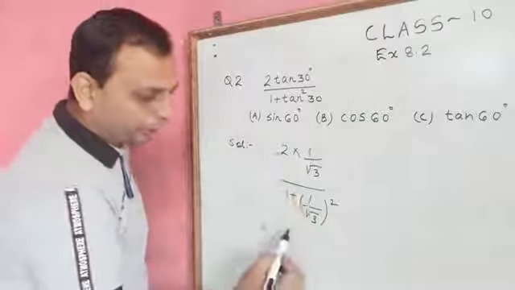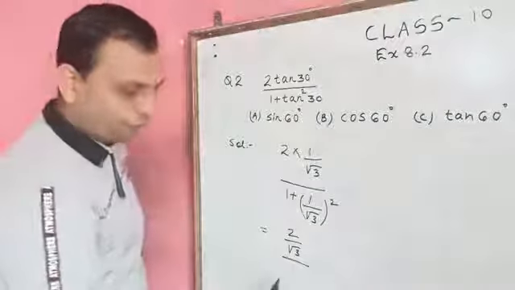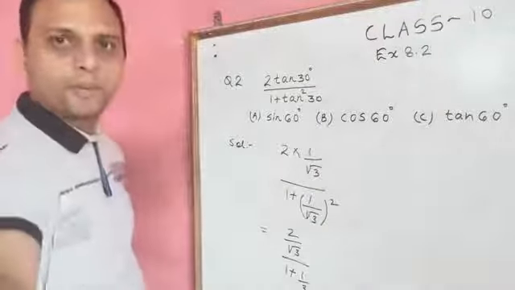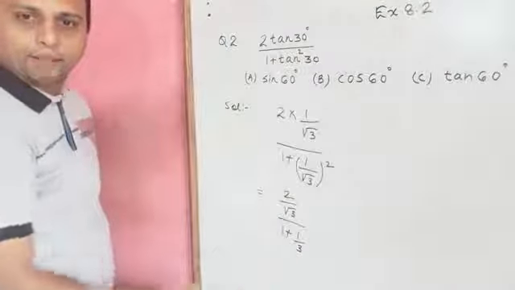Now 2 multiplied by 1 upon root 3 is 2 upon root 3, upon 1 plus 1 upon 3. So here we will take the LCM.